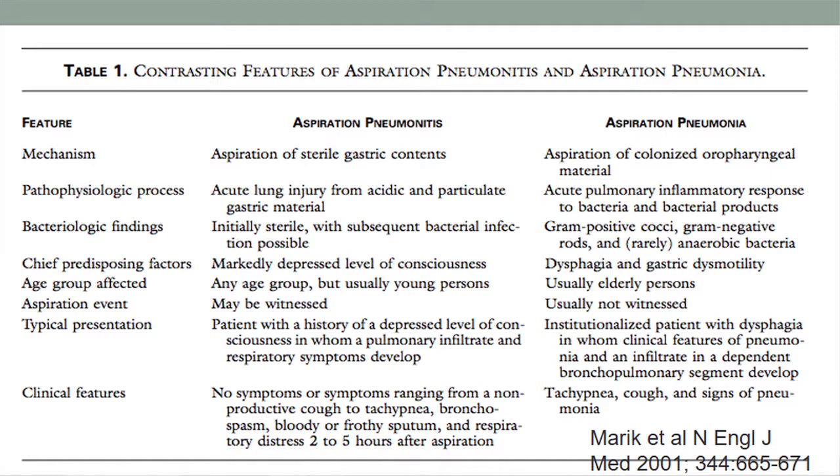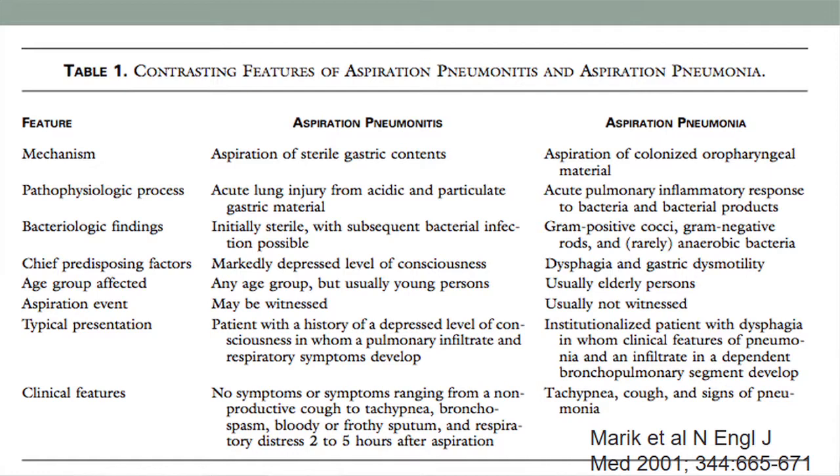Mainly in aspiration pneumonitis, the mechanism is aspiration of sterile gastric contents versus the aspiration of colonized oropharyngeal material in pneumonia. And pathophysiologically, acute lung injury occurs from acidic or particulate gastric material in aspiration pneumonitis.